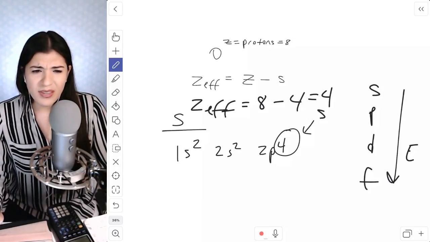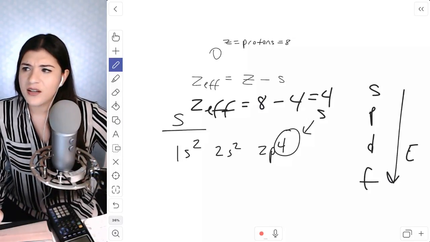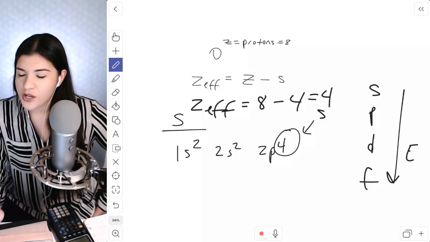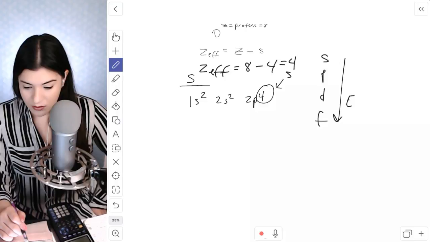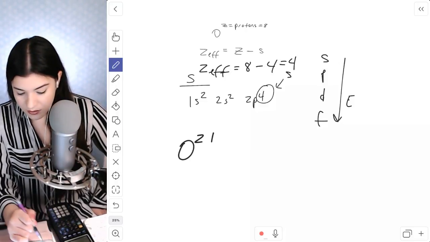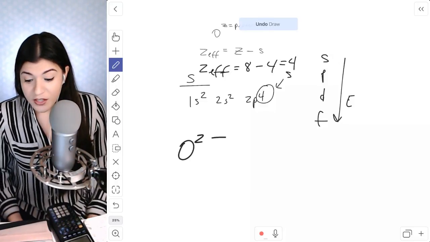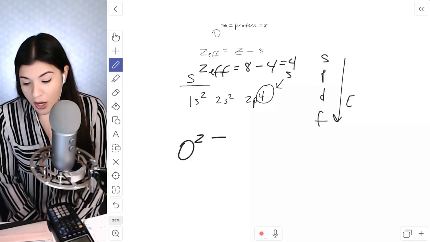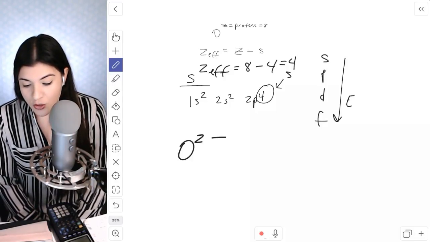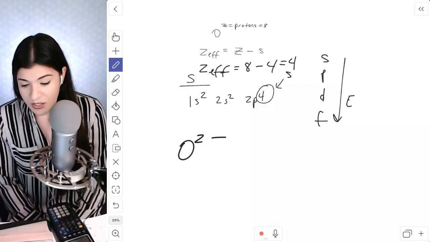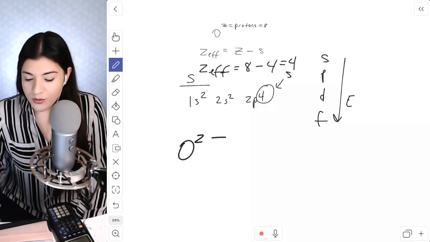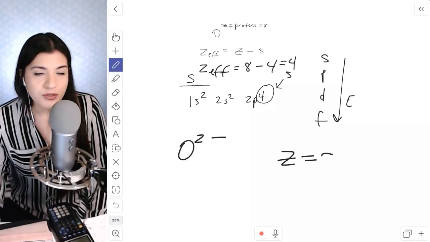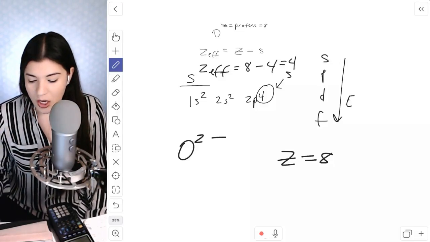Now I have to look at something that is not neutral, so a 2 minus charge. That's going to change our electron configuration. Z is still going to stay the same, since we still have the same number of protons. We just changed our electron count. So Z is still 8, because we look at the atomic number, and that didn't change.